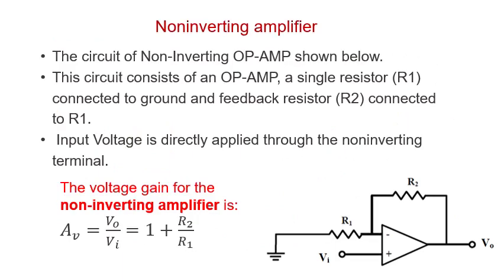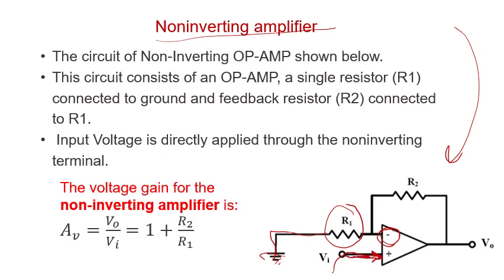How about the non-inverting amplifier? Look at the circuit of the non-inverting amplifier. You are going to find that the negative side, which we call the inverting input, is grounded through resistance R1, and the input signal is applied directly to the positive side, the non-inverting input. Again, there is a feedback resistance connecting the output to the input. So that's how the arrangement is. Here is the input, and here is the output.